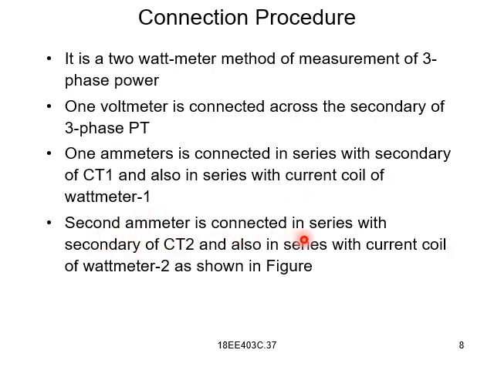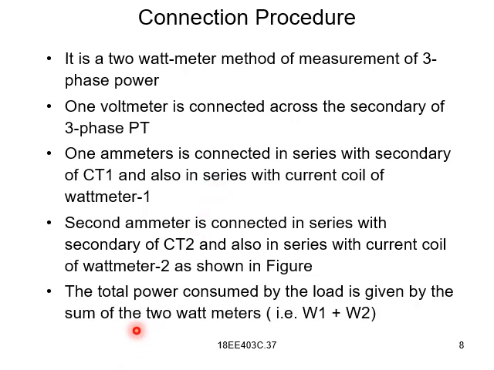Second ammeter is connected in series with secondary of CT2 and also in series with current coil of wattmeter 2 as shown in figure. The total power consumed by the load is given by the sum of the 2 wattmeters, therefore W1 plus W2.